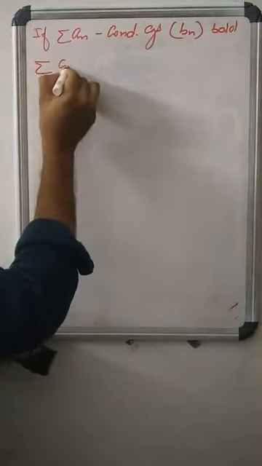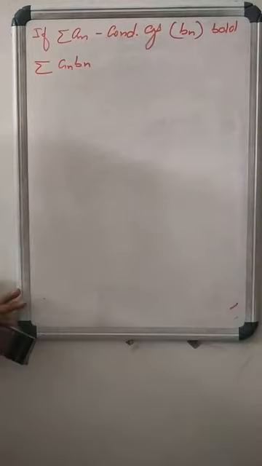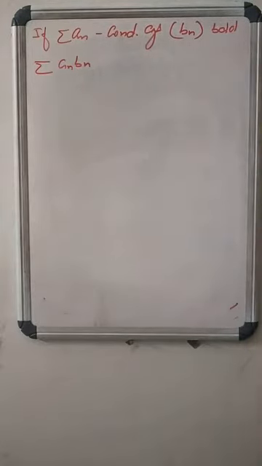Is it conditionally or absolutely convergent, or divergent? Check the convergence or divergence of sigma an bn.